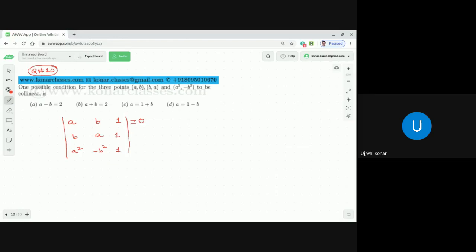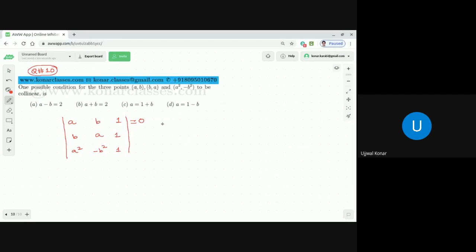That we have done in one of the questions. So here we are going to learn something new. If we make any row or any column multiplied with the corresponding element of any other row, the value of the determinant will remain unchanged.